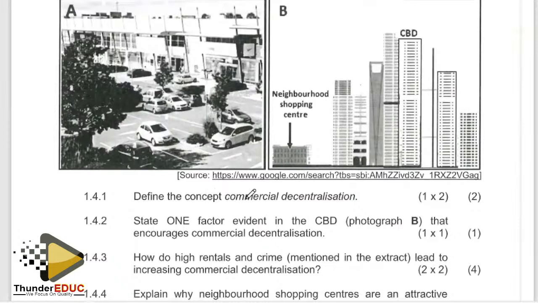The first concept to be defined is commercial decentralization. Define commercial decentralization. Commercial decentralization as a concept could be defined as when businesses extend away from the CBD to the outskirts of the rural areas.